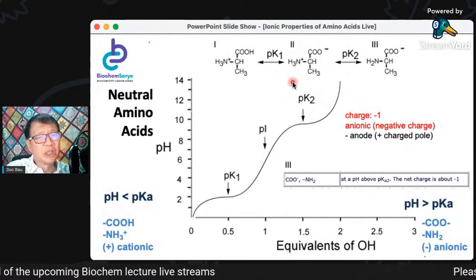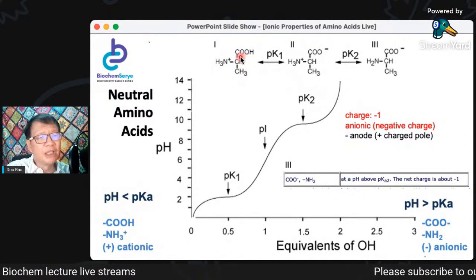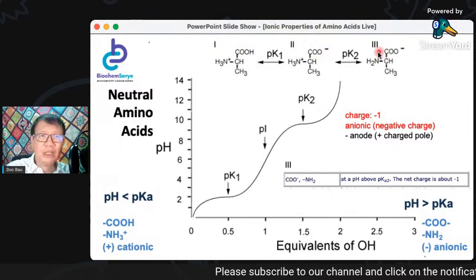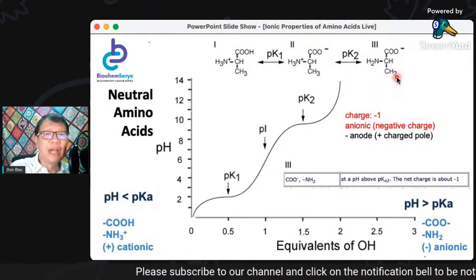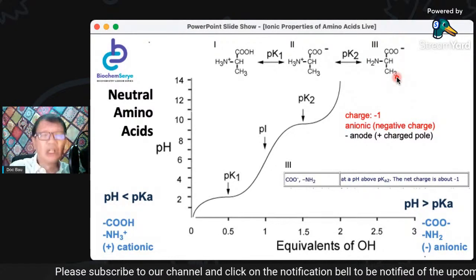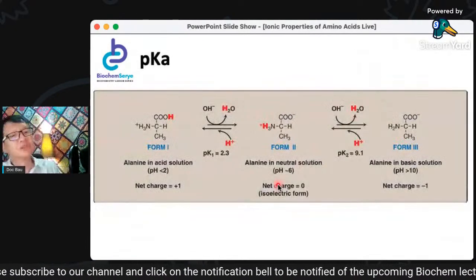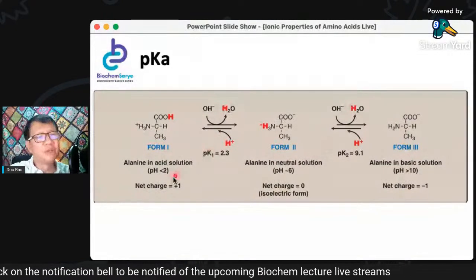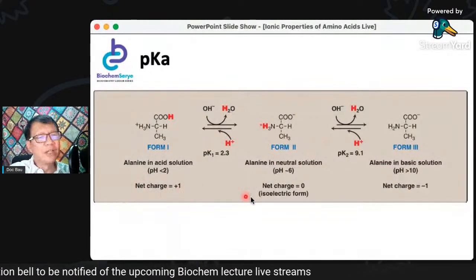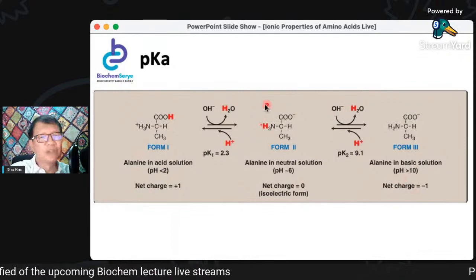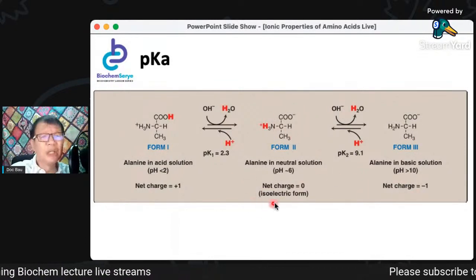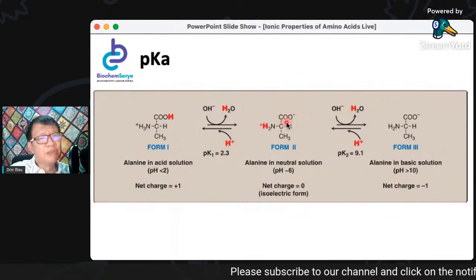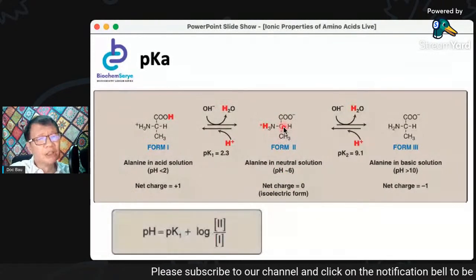This is your zwitterion. So your cation will migrate to your cathode, your zwitterion will stay put, and your anion will migrate to the anode. So in this case, this is a simpler form. You have three forms: this is your cation, this is your anion, and near neutral pH, pH 6, pH 7, your carboxyl will be negative and your amino will be positive.